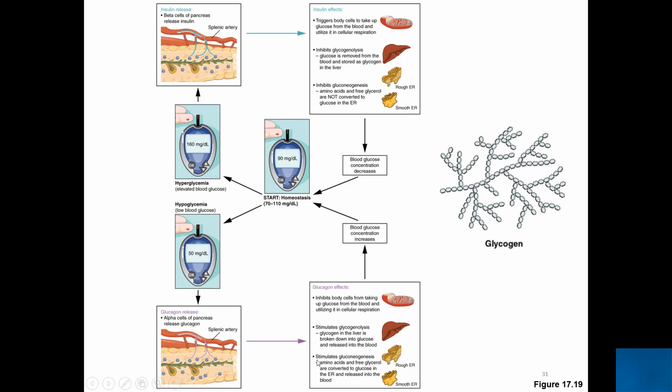Also, glucagon stimulates amino acids and free glycerol from fats to be converted to glucose. And one more effect of glucagon: it inhibits body cells from taking up glucose from the blood. As a result, blood glucose concentration increases. So both insulin and glucagon regulate our blood sugar level.